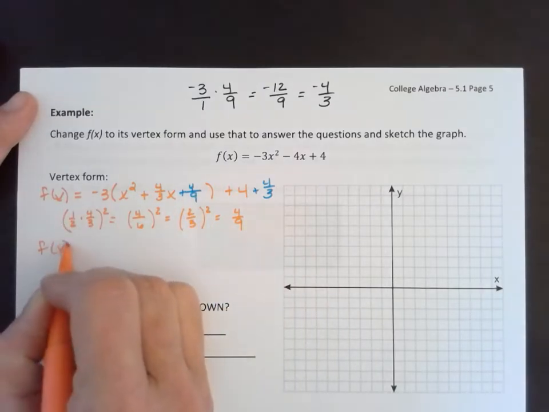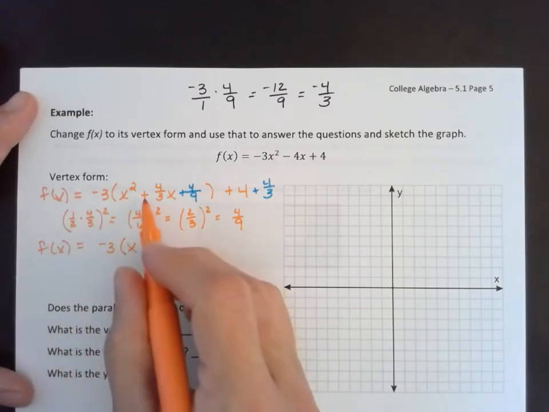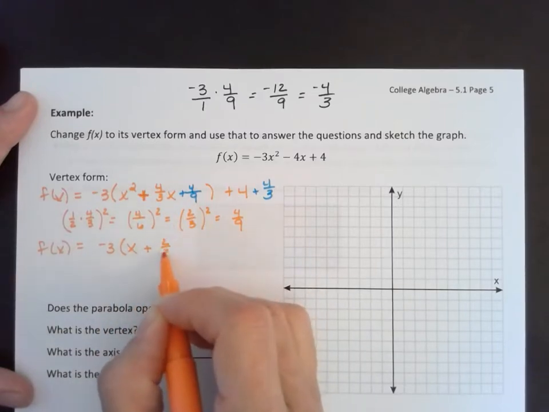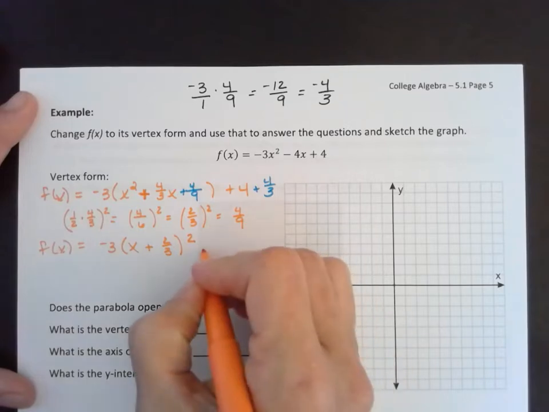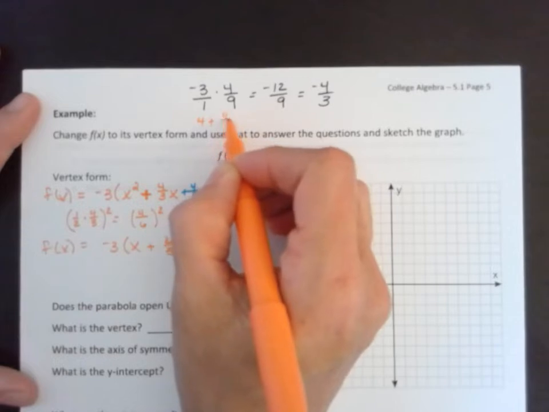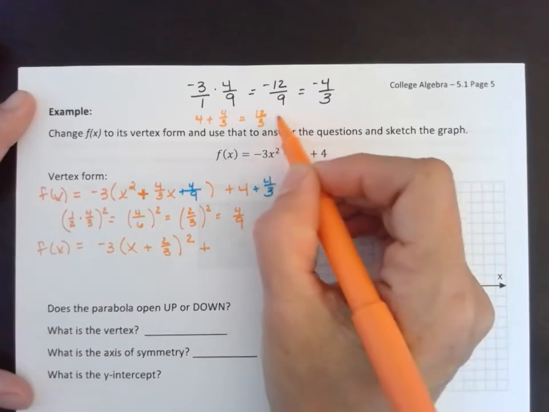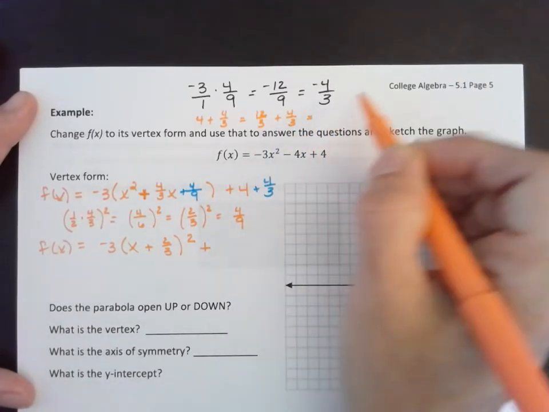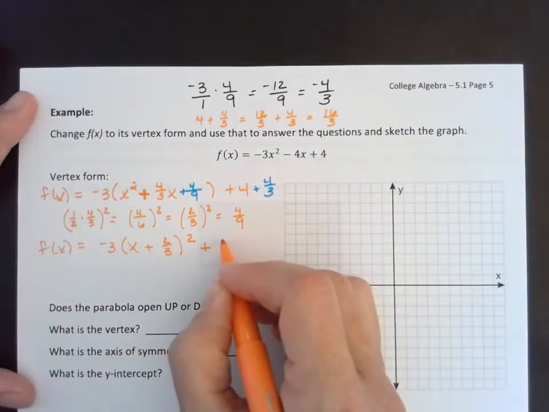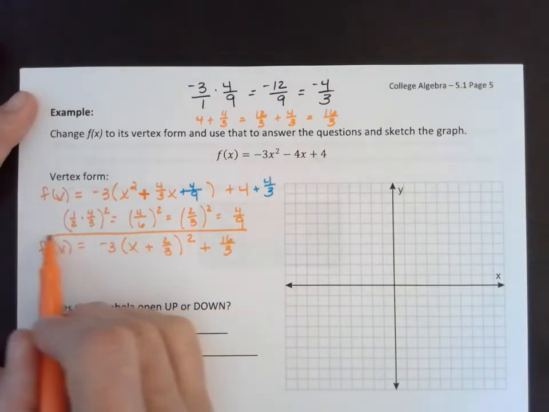So our function becomes -3 times, we have our x, we have our plus, the square root of that one is 2/3, and it's all squared, plus, if you do 4 plus 4/3, 4 is the same thing as 12/3, right? 4/3 plus 12/3 is 16/3. We have now written this in vertex form.